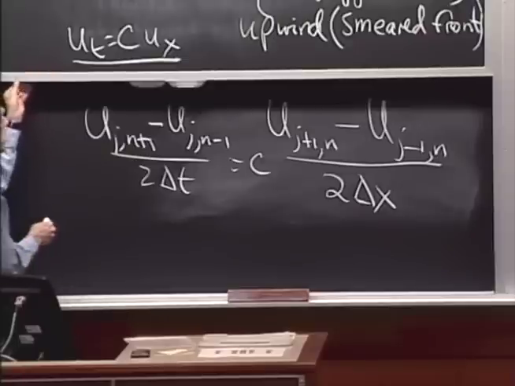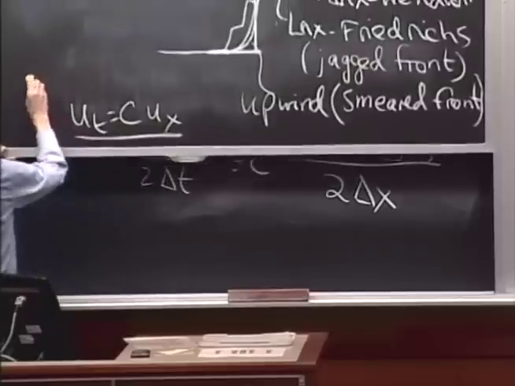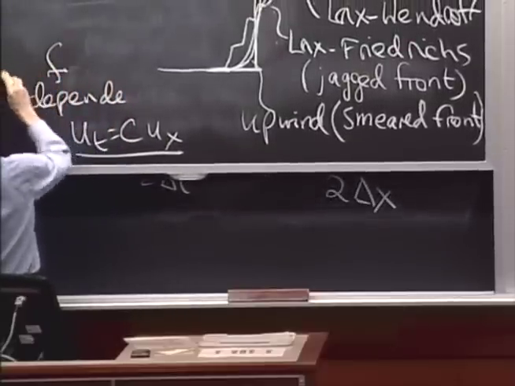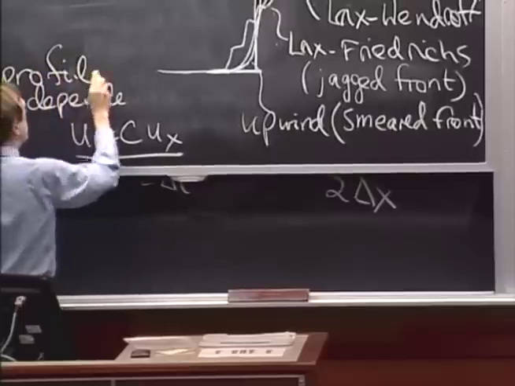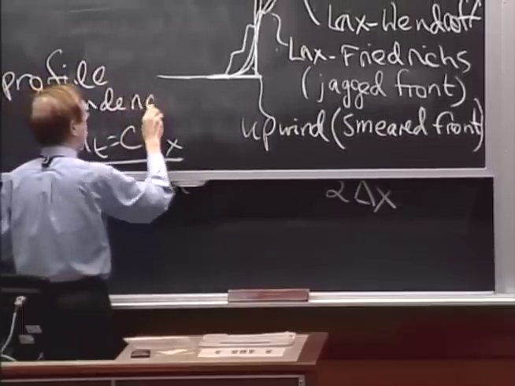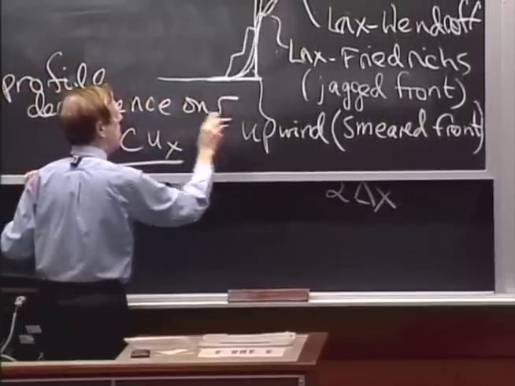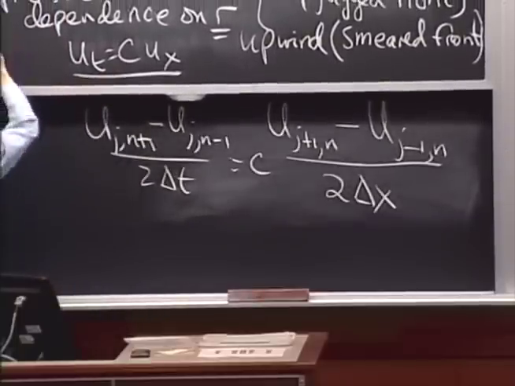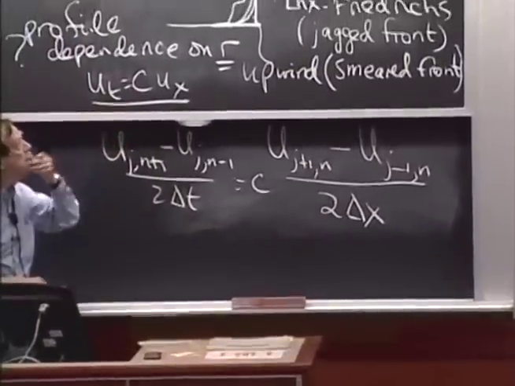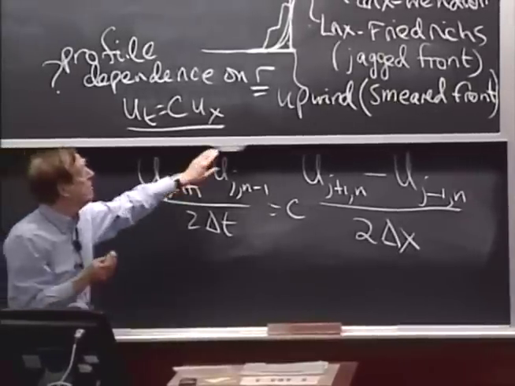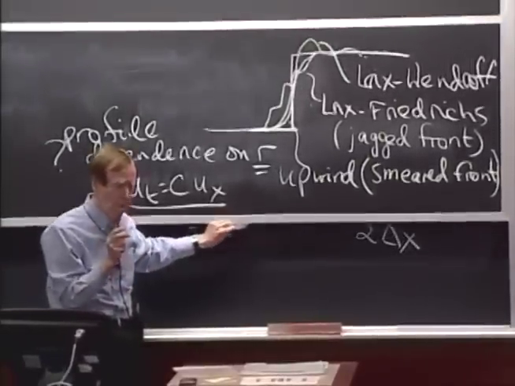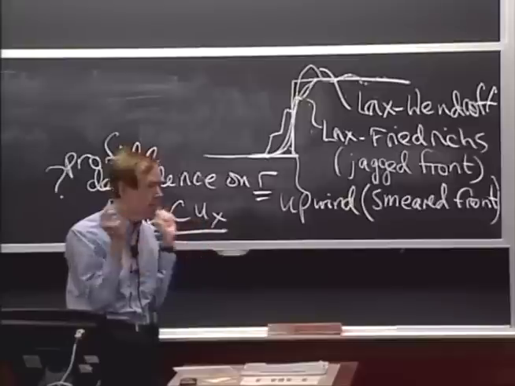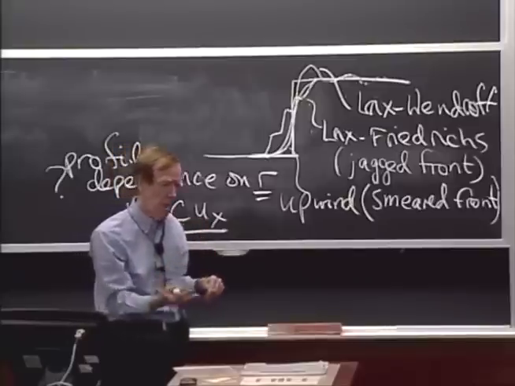So the dependence on R, C delta T over delta X, would be a question. And let me just emphasize, what's the goal? When I say that this upwind one is smeared out, I mean that it doesn't satisfy what you really hope for.